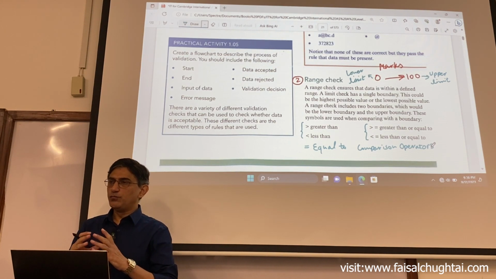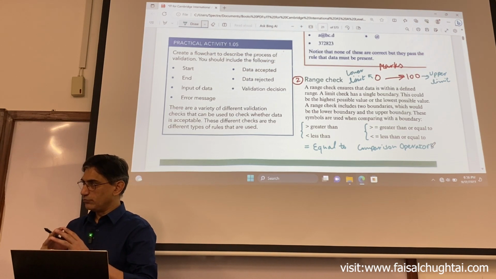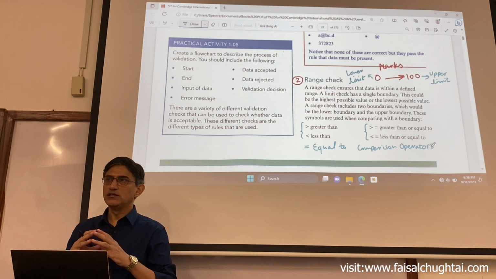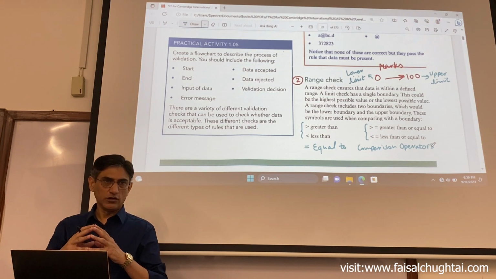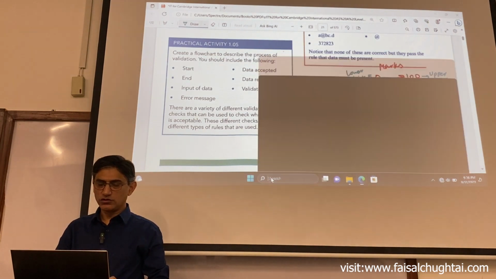So if I were to put this validation rule into the computer, say for instance, I'm talking about a field that is called marks. Let me do the illustration somewhere else so that I have more space to write.